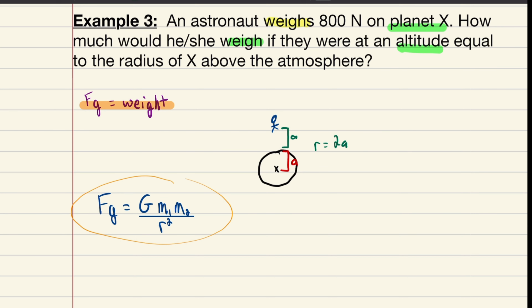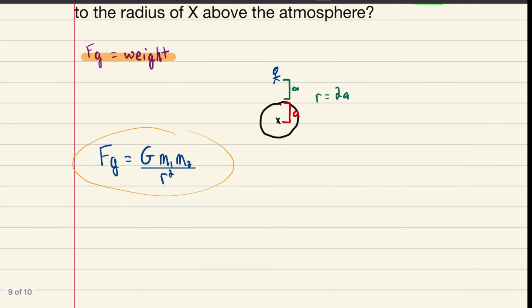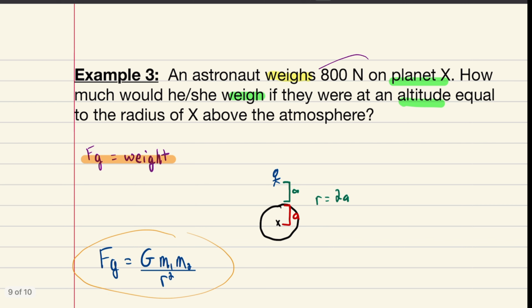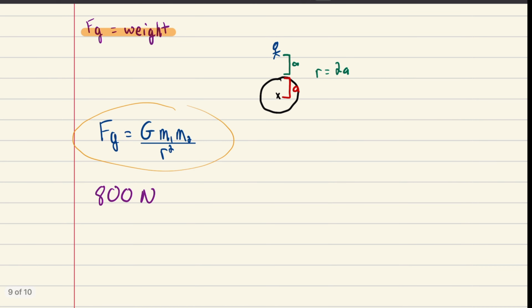It's the same thing. So what we're going to write first is 800 newtons, because that's how much they weigh on planet X. 800 newtons is equal to G multiplied by m1 times m2 over r squared.